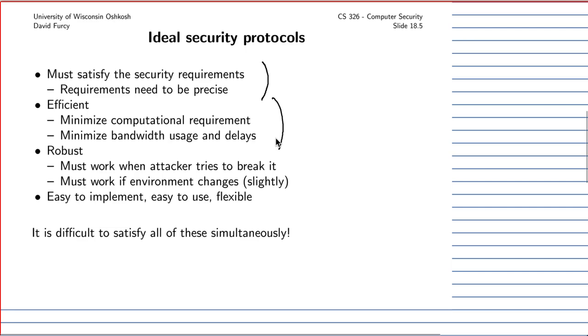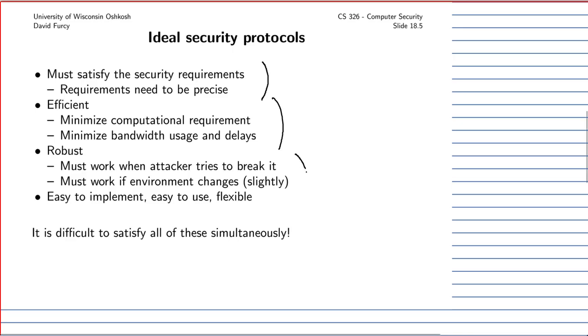Of course, the security protocol ideally would be robust, which means that it should not only work in normal circumstances, but also when an attacker is trying to subvert the system. And also, it should still work when the environment of the system changes even slightly.